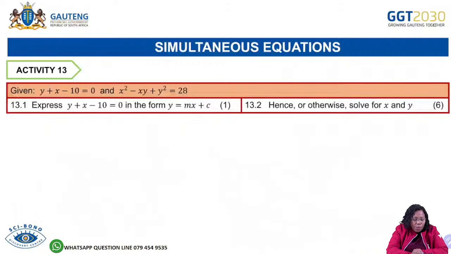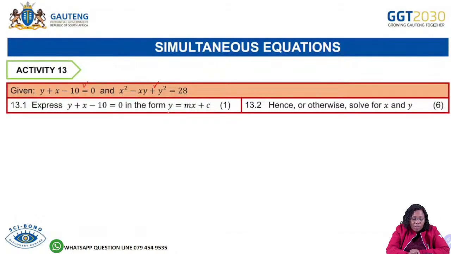Let's see now. We have the first equation, and then we have the second one. And with your grade 12 syllabus, it must always be a linear versus the quadratic one. A linear equation versus the quadratic one. So now the first question here says express y plus x minus 10, which is your linear equation, equal to 0, in the form y equals mx plus c.